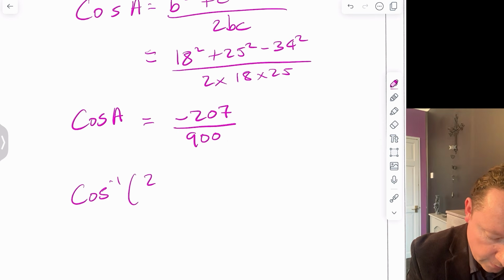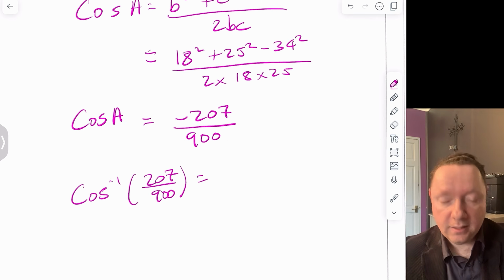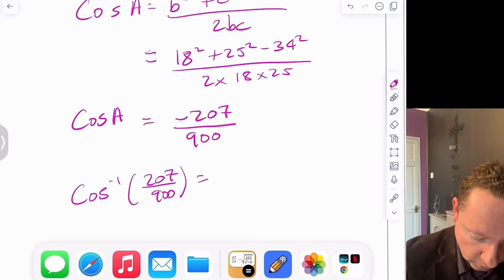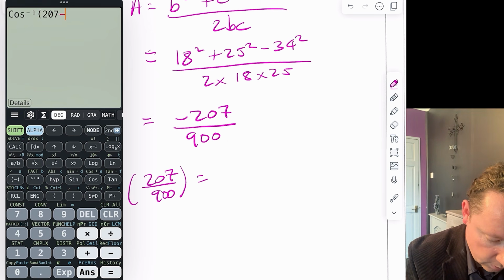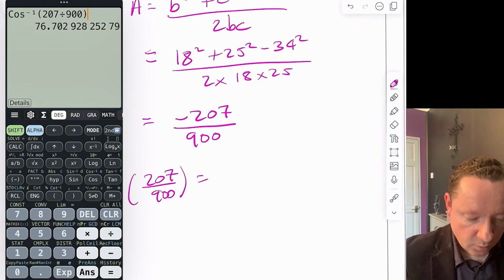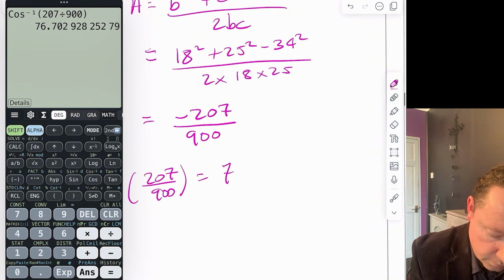I usually just keep it as positive and use a CAST diagram, but we'll see what happens if you did it negative. You'll probably be okay, but I'm going to always do it that way because it's the right way to do it. Inverse cos 207 over 900 is 76.7 degrees.